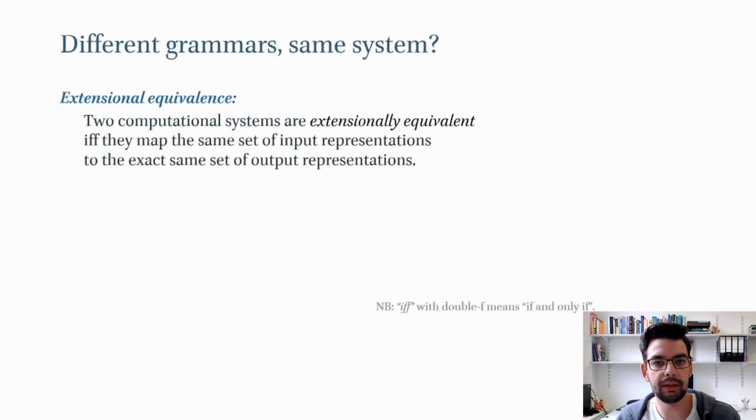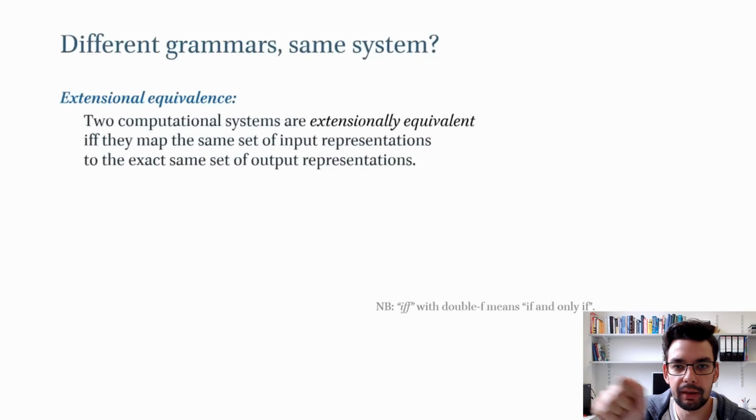And that's really where the idea of extensional equivalence comes into play. Just to explain the term extensional, there are two ways to define a set mathematically. I could either go and list everything that's in that set and then say everything that's not listed is not in the set and everything that is on the list is in the set.